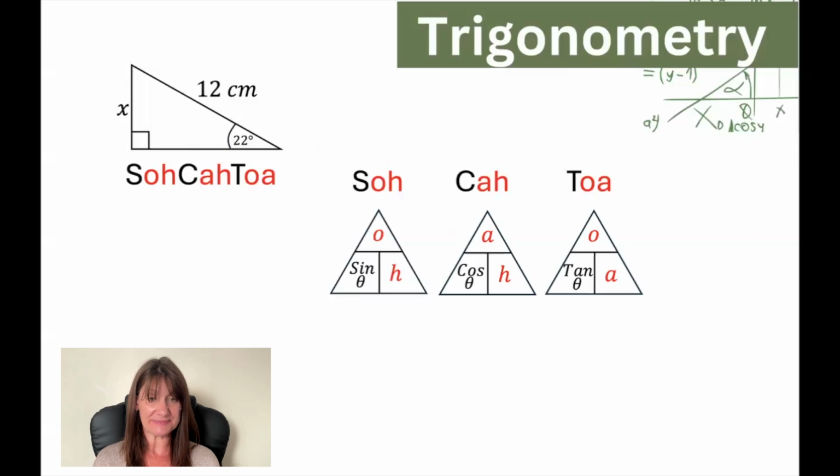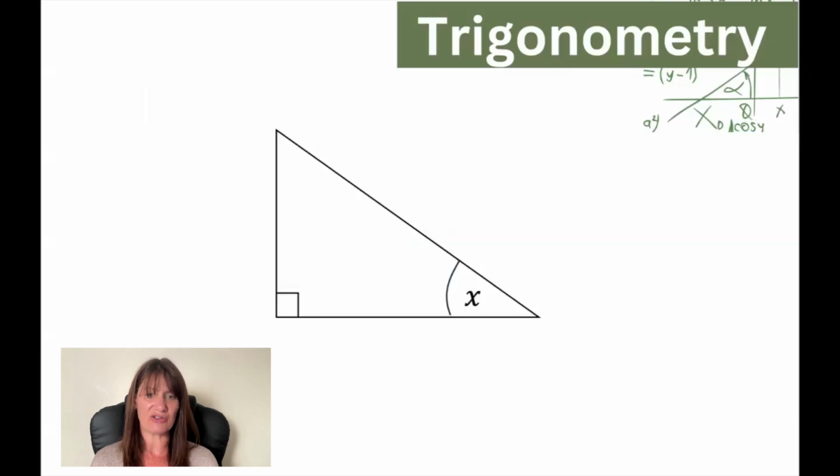So let's see this labeling in action, because this is, like I said earlier, really, really critical. You will have the right angle and you will have an acute angle. And as I've said, it could be labeled X, it could have a value. What we want to do is have a routine that we do every time. It just makes life easier.